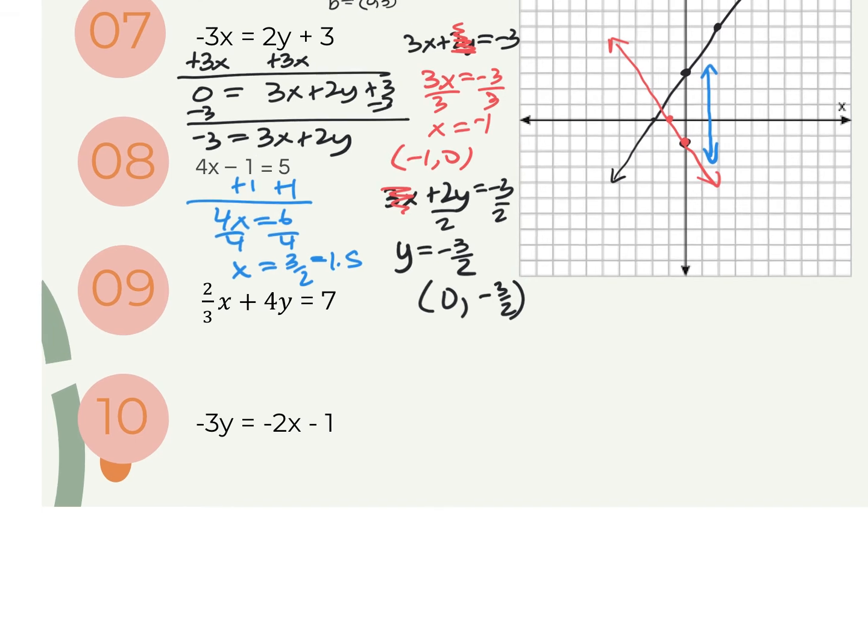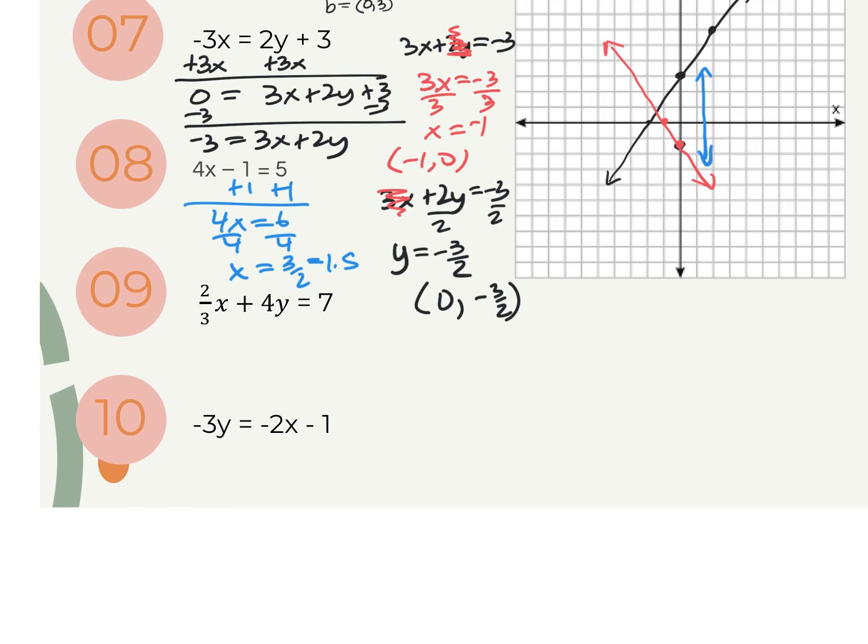Then the next one, I can go ahead and put it into y equals mx plus b. I'm going to get rid of my fraction, so I'm going to multiply everything by 3. So then this becomes 2x plus 12y equals 21.